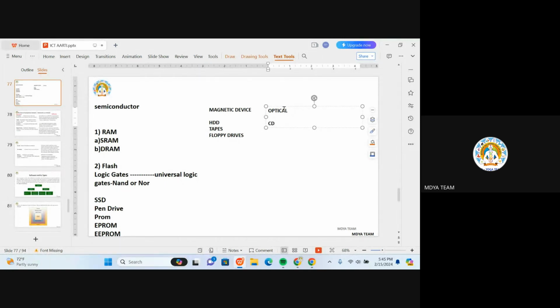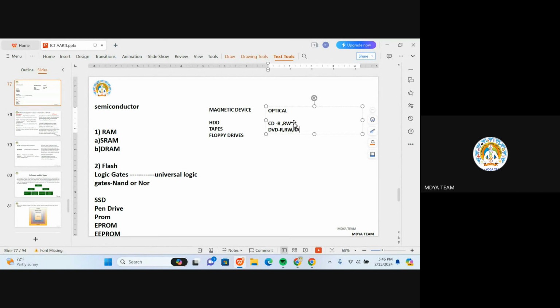Compact disc comes under read and write. CD-R is where we can record the data, and RW is where we can read and write both. Next is DVD. DVD also has recordable and read-write versions.